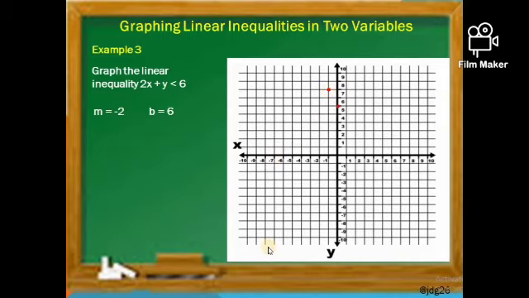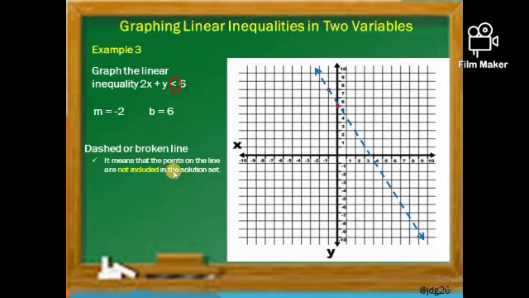Now, ang tanong, anong line ang gagamitin? Tingnan natin yung symbol. Since it is less than, ibig sabihin, ang gagamitin natin ay dashed or broken line. It means that the points on the line are not included in the solution set. So, testing point tayo ulit para malaman kung anong part ang kailangang i-shade. So, gagamitin ulit natin ang 0, 0, which is the origin.